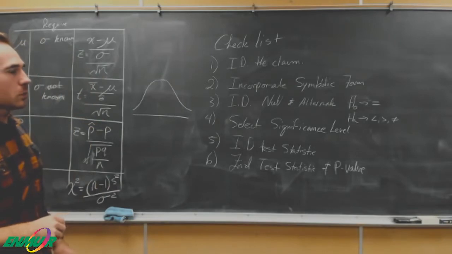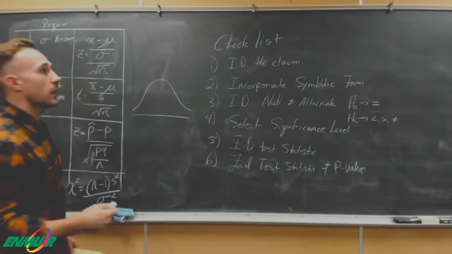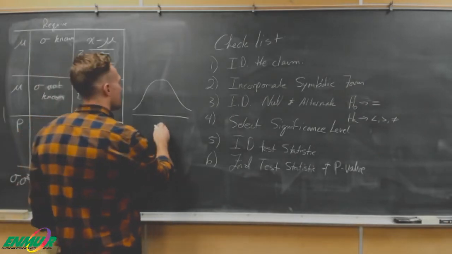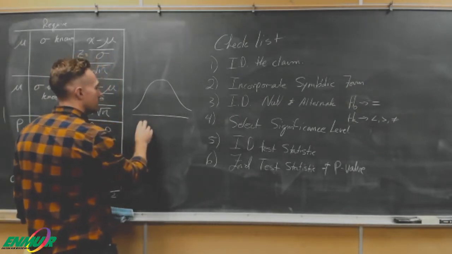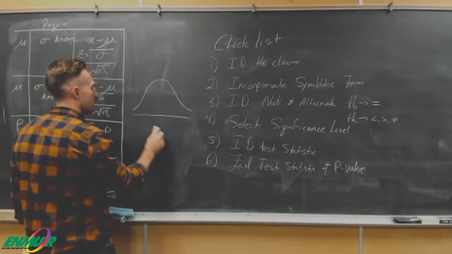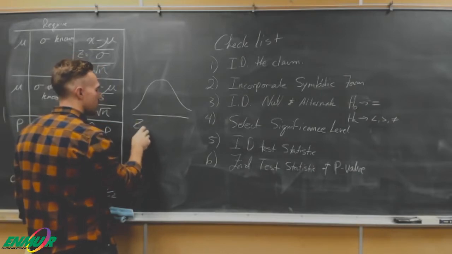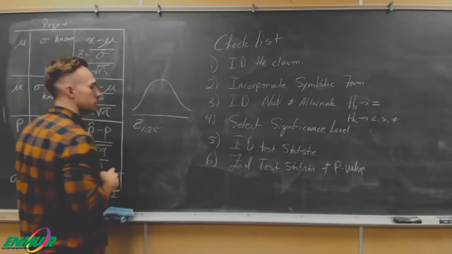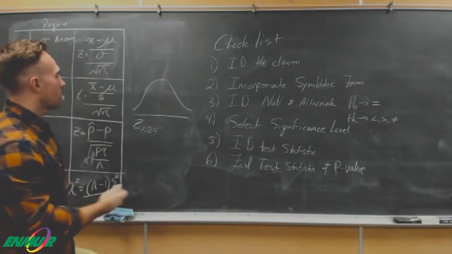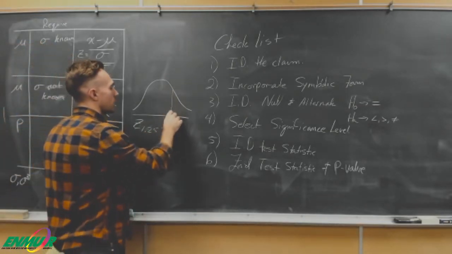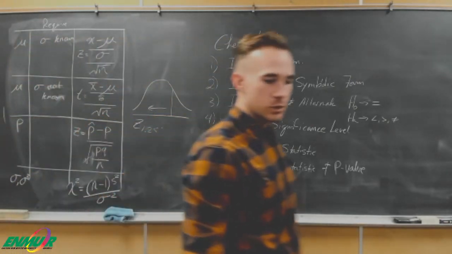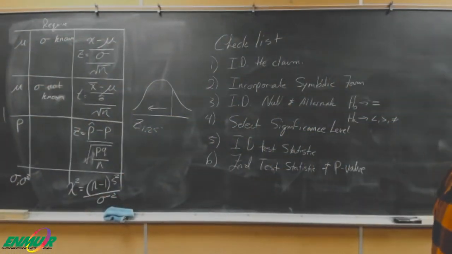And so we would have said, hey, find the probability associated with the z-value of 1.25. Okay, and 1.25 would have been that direction, right? Because z-values measure from left to right.